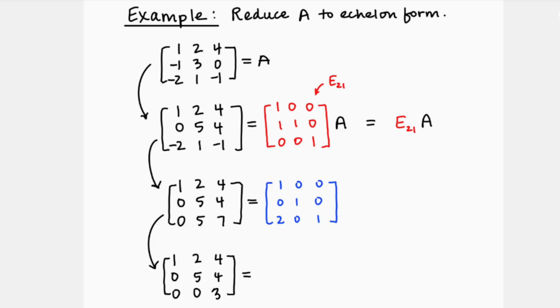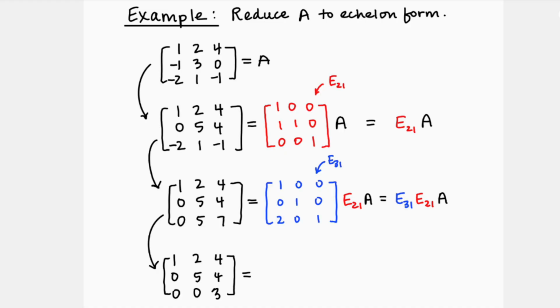Then we multiply that, and it's going to be called E31. We multiplied that by E21A, and I want to write this as E31 E21A.